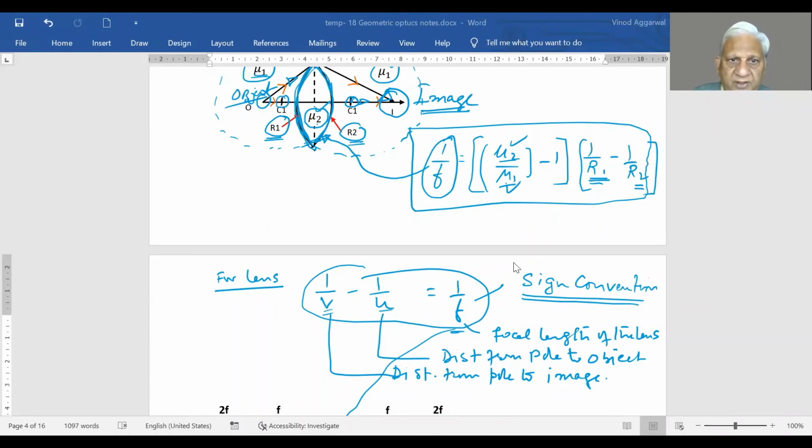We saw the refraction from two spherical surfaces where different radii are involved. This formula is also called the lens maker's formula, because you can achieve a particular focal length, you can achieve the same F by making different combinations of R1 and R2.